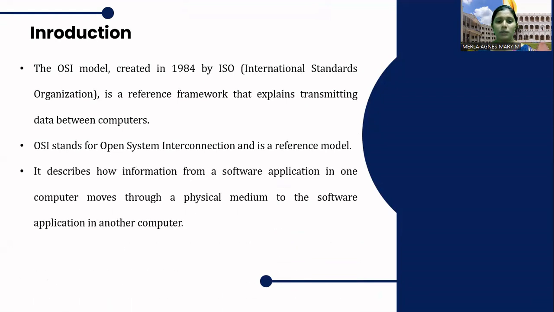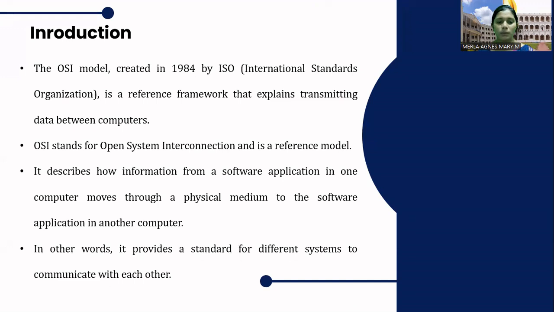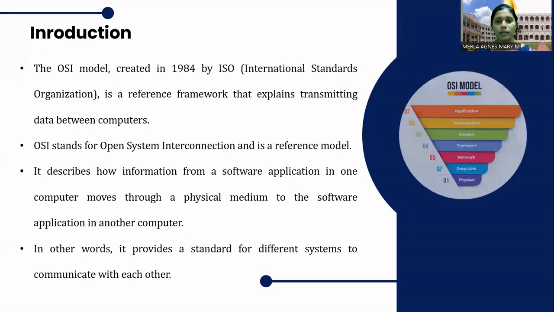It describes how a software application on one system sends data to a software application on another system. It sends the data through the physical medium. In other words, from the OSI, we come to know how two systems communicate.